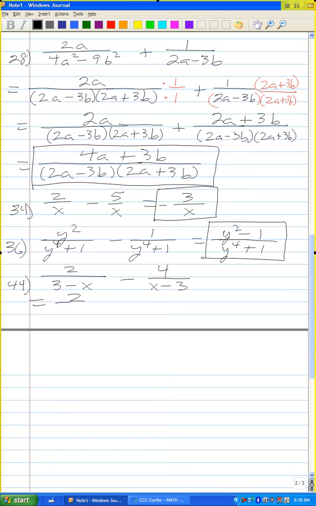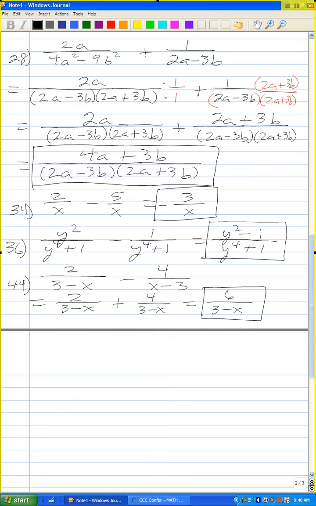So actually, that's the same as 2 over 3 minus x, minus and a minus make that a plus 4 over 3 minus x. And now we have a common denominator, 3 minus x. Add numerators, 2 plus 4 is 6. And I'm done.